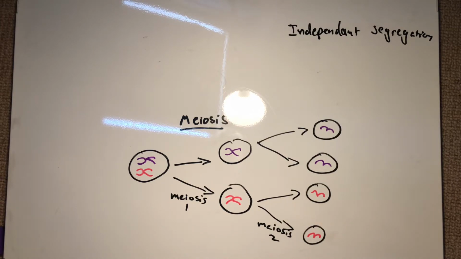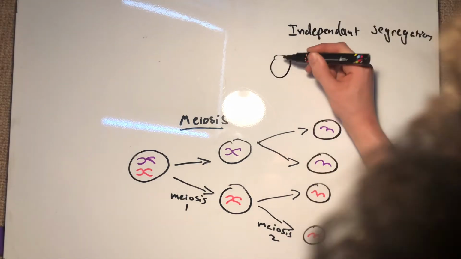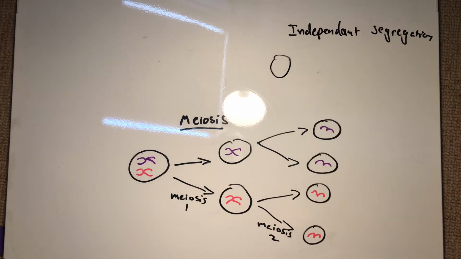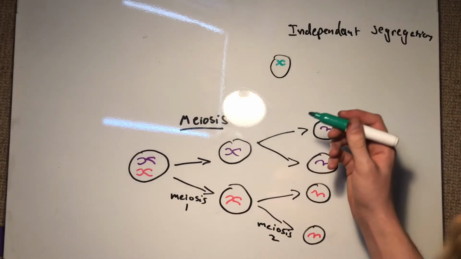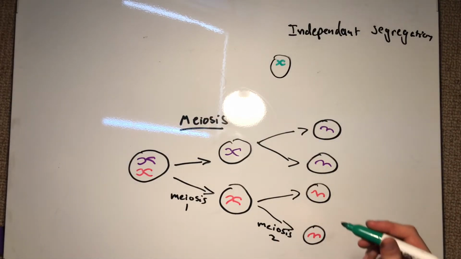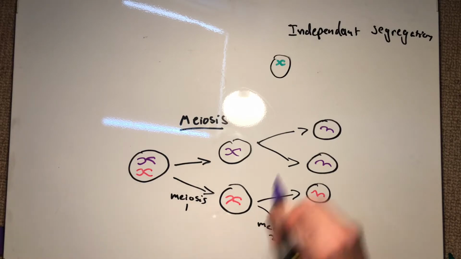You get a random combination, and because they all contain different genes and different alleles, you get a different genetic combination. That's a type of variety. For example, let's say you had a cell with a chromosome for jumping and one for blood group.